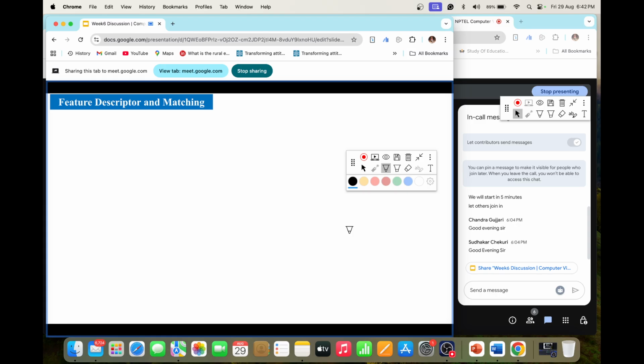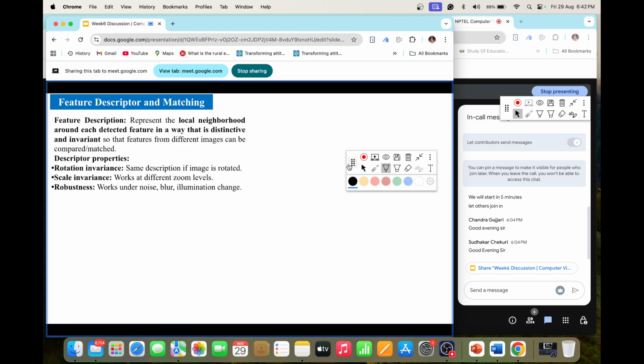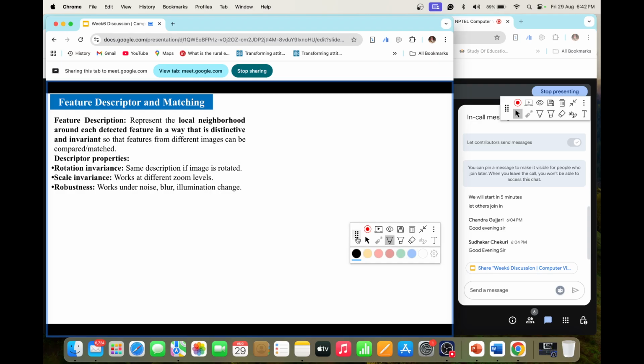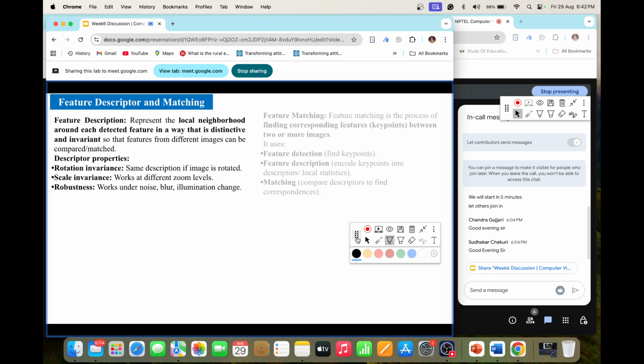Now let's move on to feature description and matching. In the first slide, we saw feature detection. Now we will see feature description and feature matching. What is feature description? It represents the local neighborhood around each detected feature.